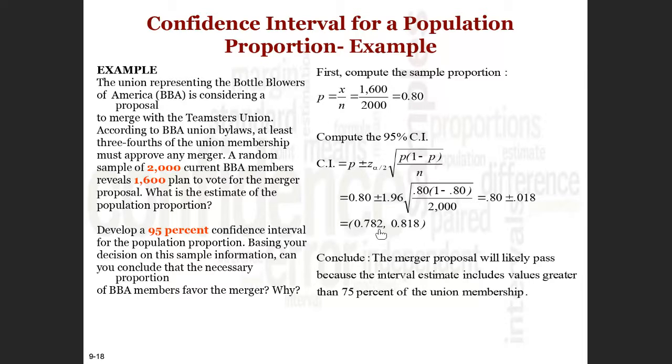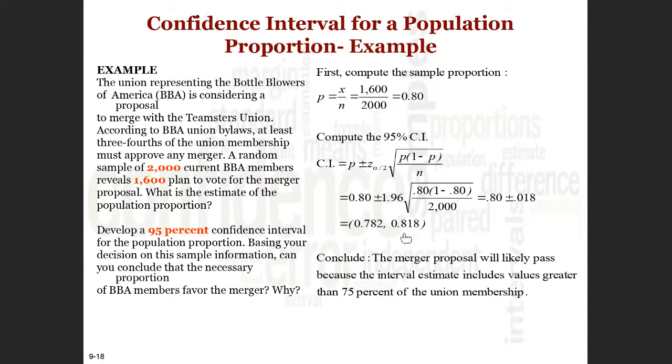0.782 up to 0.818. And again, your interpretation: the merger proposal will likely pass because the interval estimate includes values greater than 75%, which is what it talked about. It said it needed at least 3/4 or 75%.